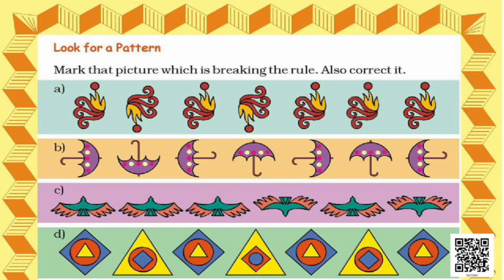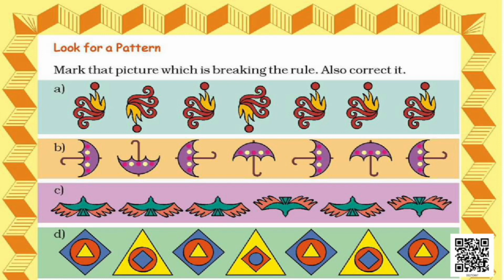In bit number B, we have 7 umbrellas. Now let us check whether it's following the same pattern throughout. You can clearly see it is following the pattern of clockwise rotation of 90 degree.